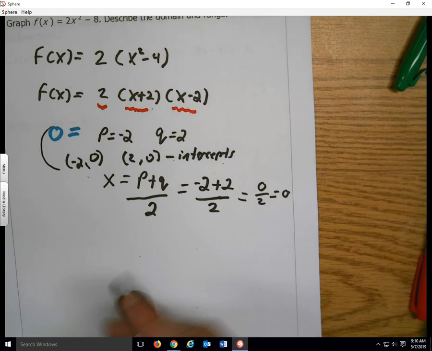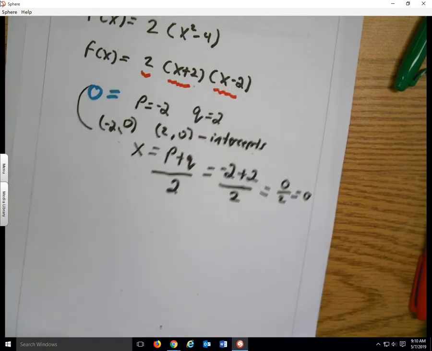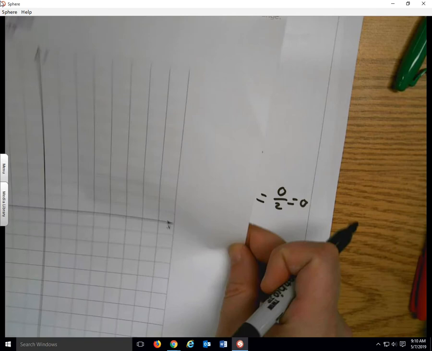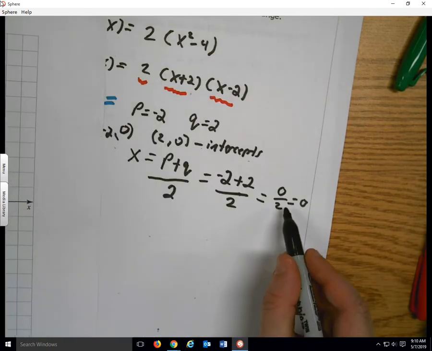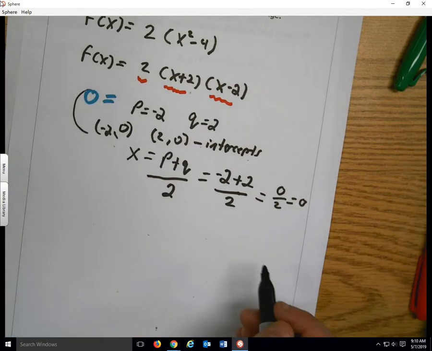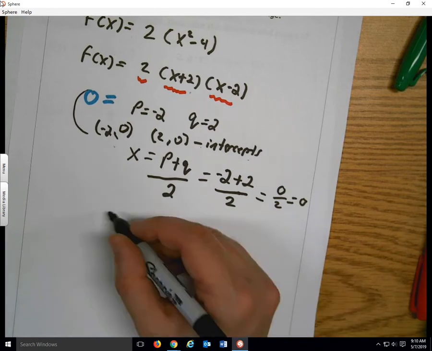Okay, now we need to graph this. So what are the numbers we're looking at? We're looking at our axis of symmetry being 0, right? Oh, I'm sorry, there's one more step. We found the axis of symmetry, and it's 0.